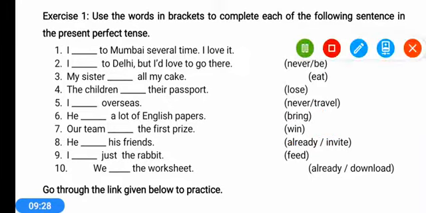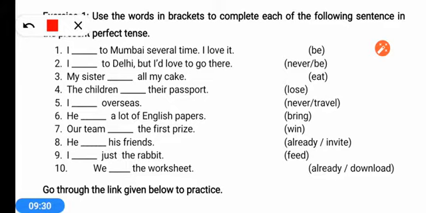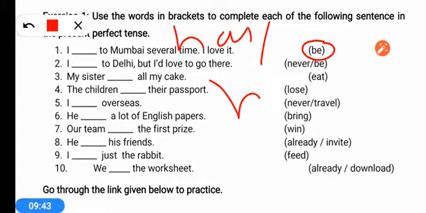Here you see the examples. I dash to Mumbai several times. I love it. So here you have to use present perfect tense, the helping verb you know very well, has and have. So one of them, and then the third form of the verb will be used for completing these sentences.